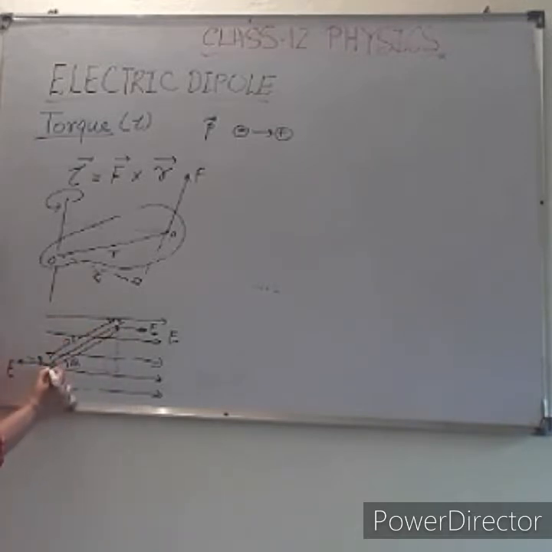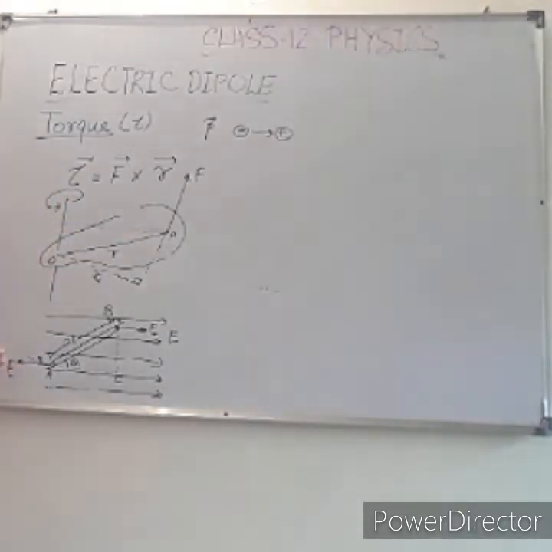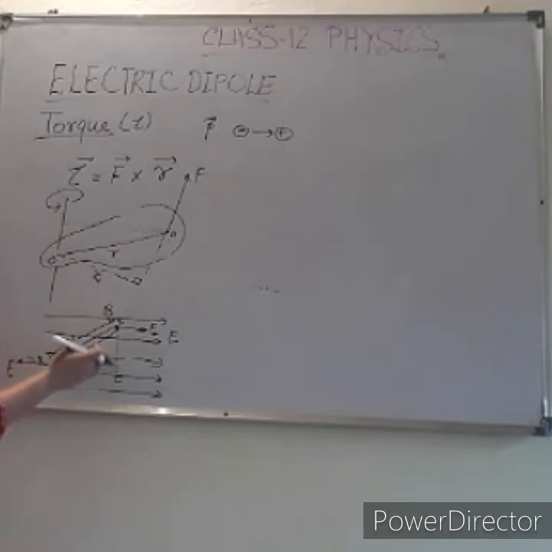So what is the value of this? Let us take some points. A, B is a dipole and this is a point C. So ABC is a triangle. We need to calculate the value of BC, because BC is the line which is perpendicular to both the forces, F plus and F minus. To calculate the torque we need a perpendicular line, so we choose a line which is perpendicular to both the forces.